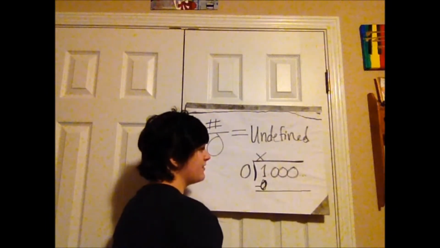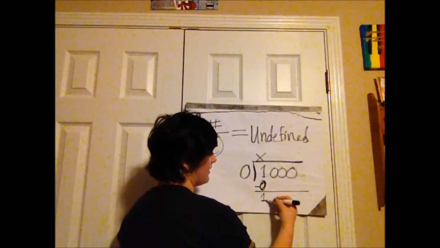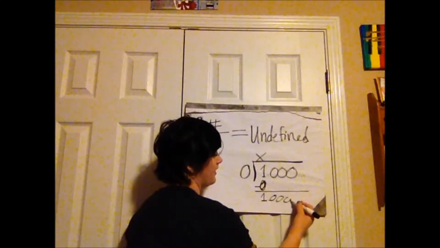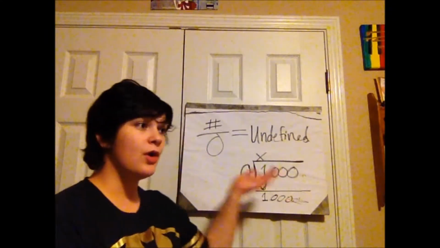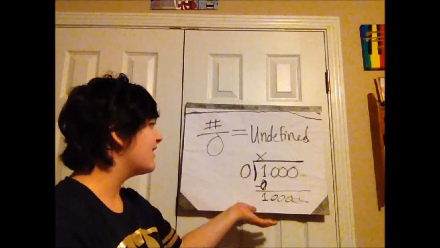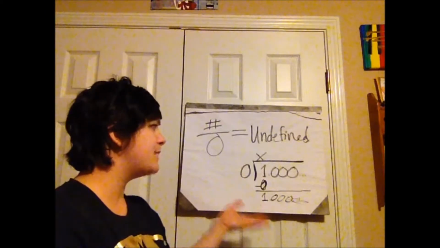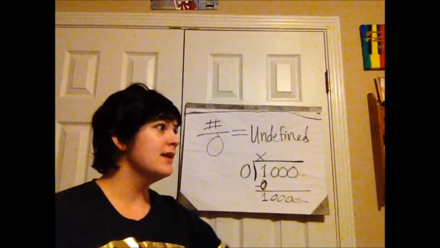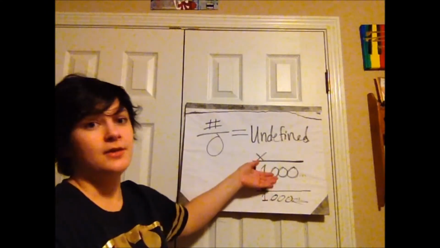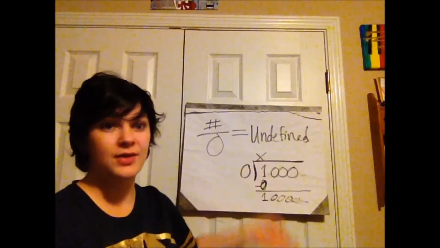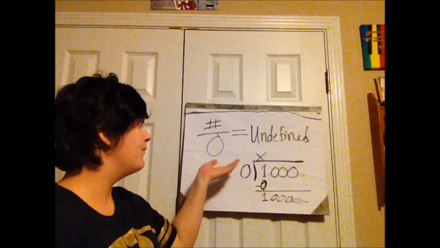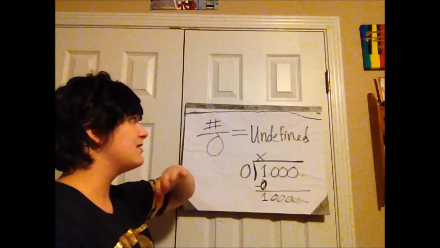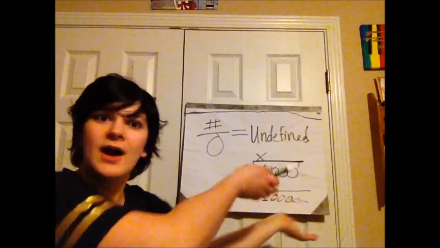You subtract it, and you'll still get the same answer. You will be stuck in a time loop paradox conundrum thing, and you'll always get the same thing that you started with. You won't get an answer, nothing. It'll just be what you started with, and that's why it's undefined.